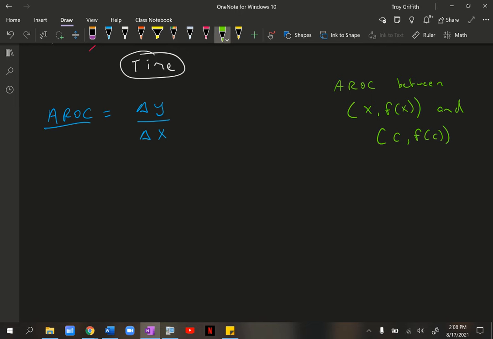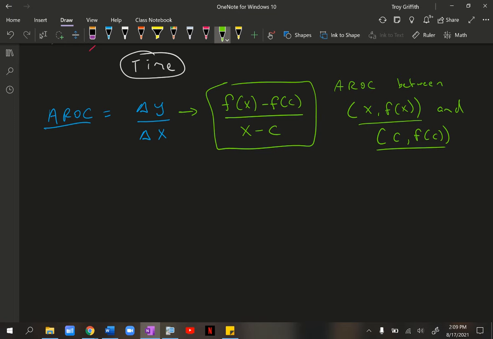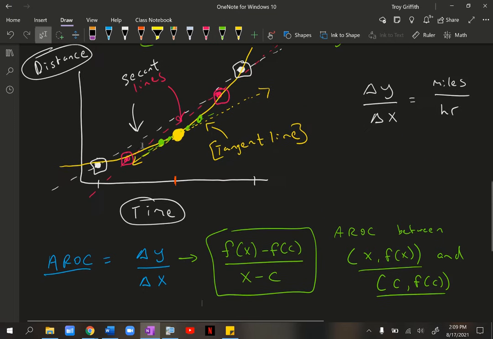So the slope between these two points would be the change in y, which is f of x minus f of c, divided by the change in x, which in this case is x minus c. All this is just an expression for the slope between two points. That's what an average rate of change is.